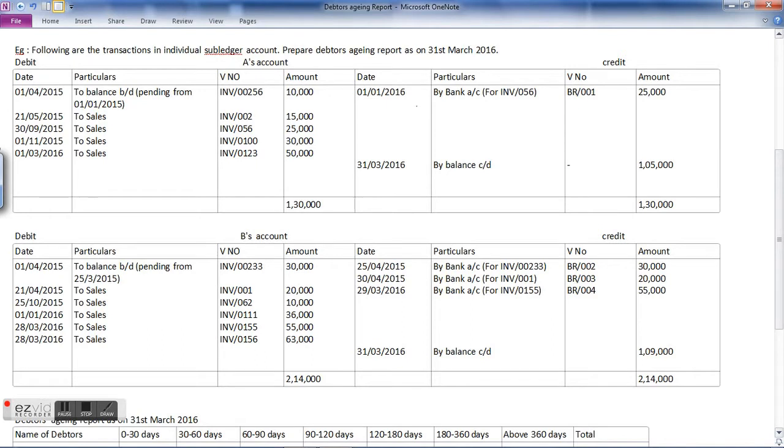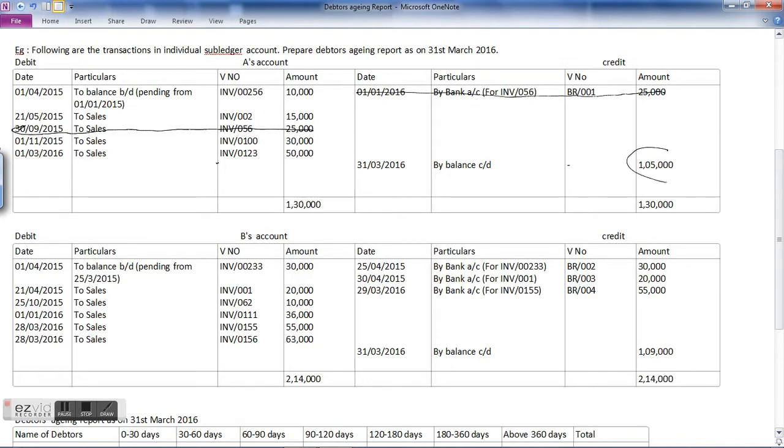Then on the credit side you have one entry by bank account for invoice number 056 and amount is 25,000. So this invoice gets knocked off with this bank account. Since the payment is received, it is no more outstanding.